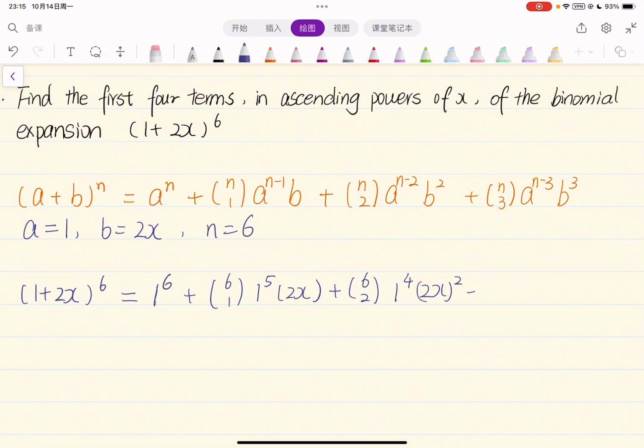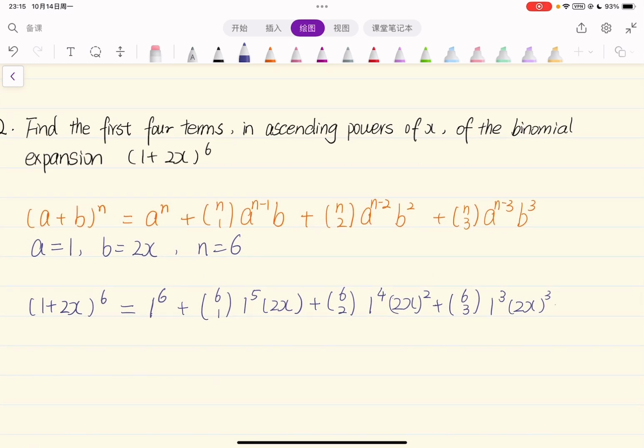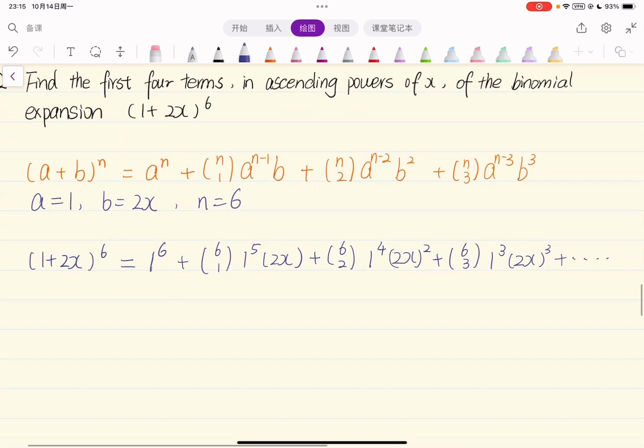So we write plus 6 choose 3 times 1 to the power of 6 − 3, that is 3, times (2x) cubed. So we have done the first 4 terms, and so on.